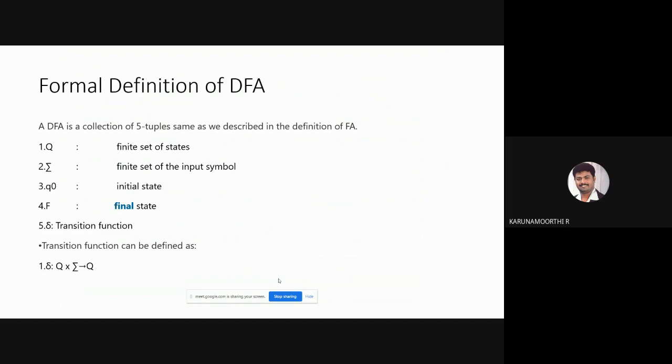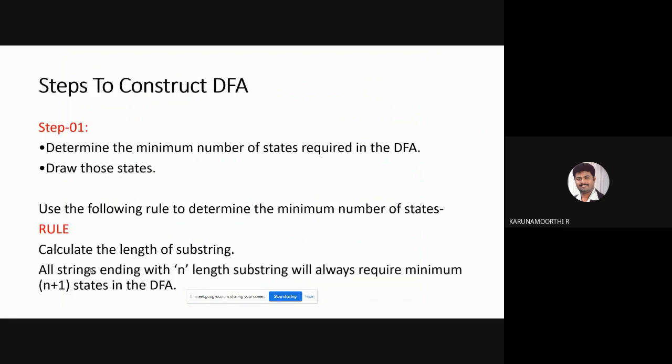Here not only a single final state, it can be more than one final state. Finally, this delta symbol represents the transition function. This transition function is defined as follows, and this is the main difference: from a state in your finite set of states, on an input symbol, it reaches only one state. Okay, that is my DFA.